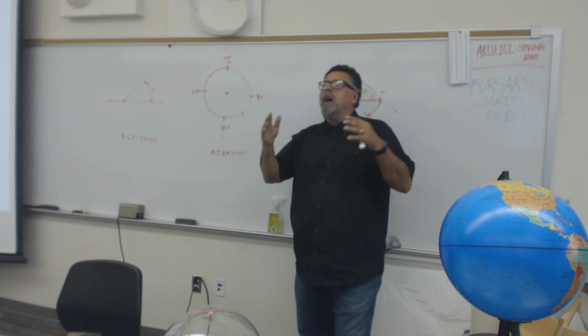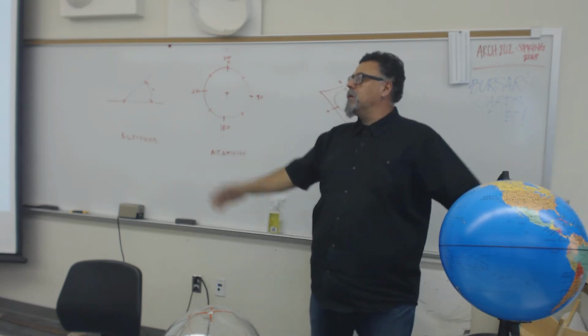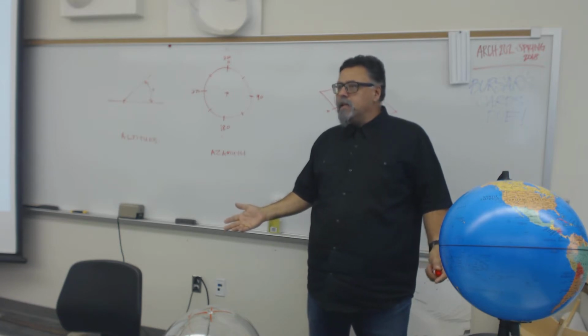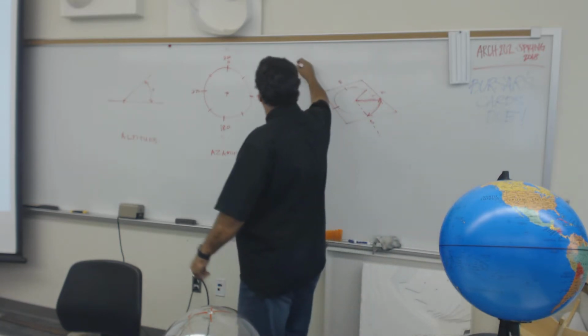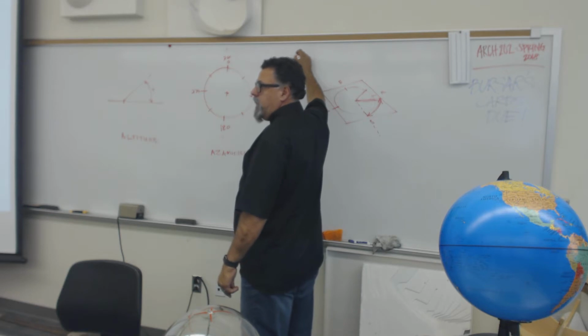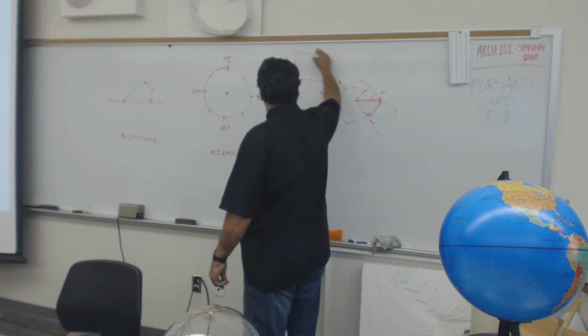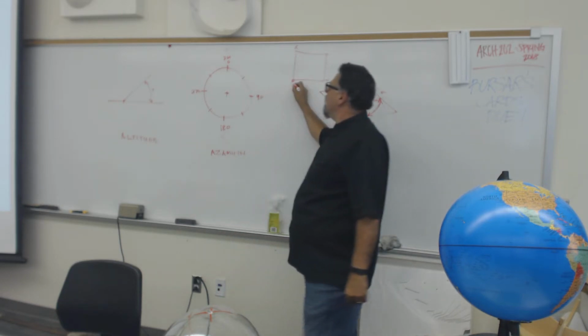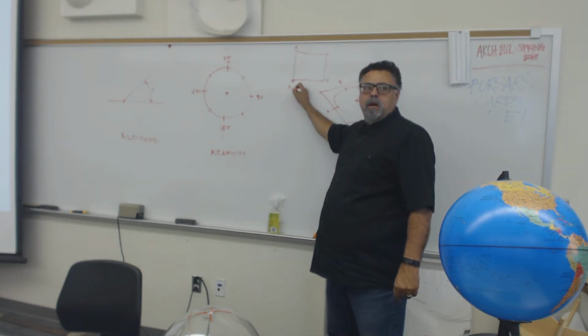Anyway, how many of you have heard of something called a Cartesian grid? All of you should have heard of that in high school. A Cartesian grid is a flat grid that has an x value and a y value, and it has an origin point that is 0, 0. You remember that?